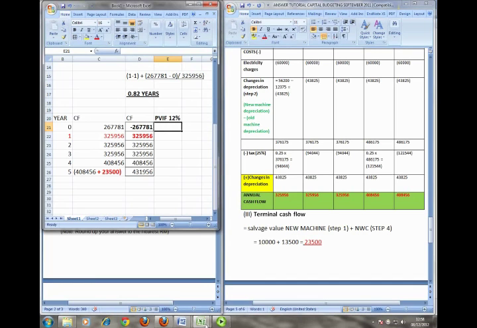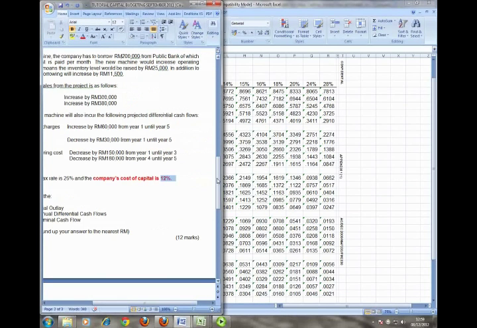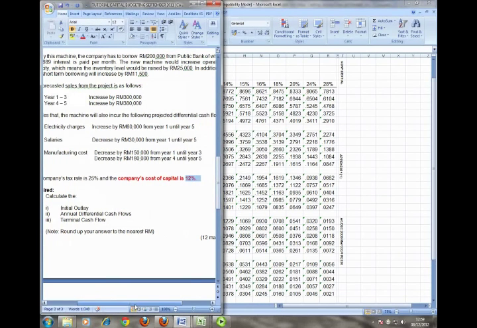Alright. So now, as you can see in the table, this is the PVIF table. Just now the question required 12%, correct? So now, when you know it's 12%, this is your 12%. How many years, class? 5 years. Year 1, year 2, year 3, year 4, year 5.